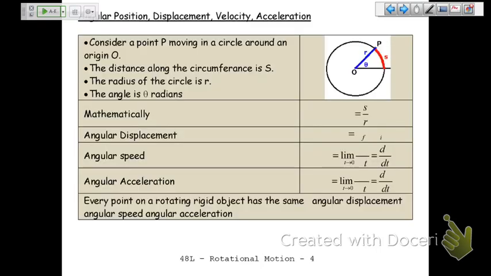So the first thing to realize is that there are advantages in using rotational measures for doing rotational phenomena. I have a particle going round a circle. I could talk about its tangential speed.